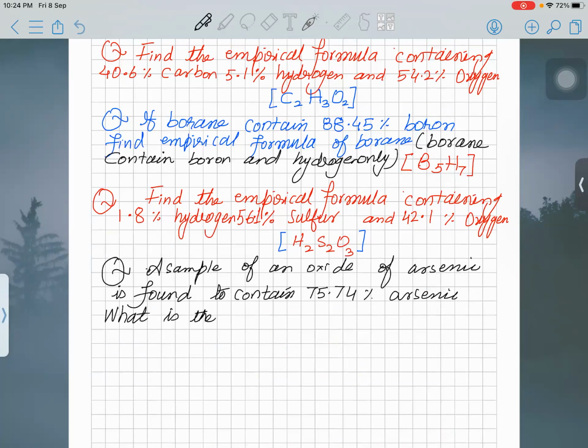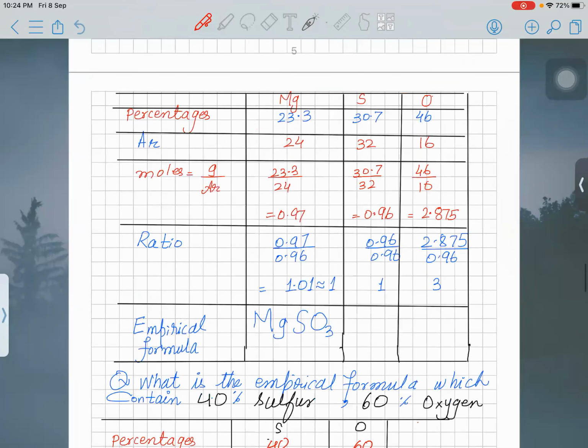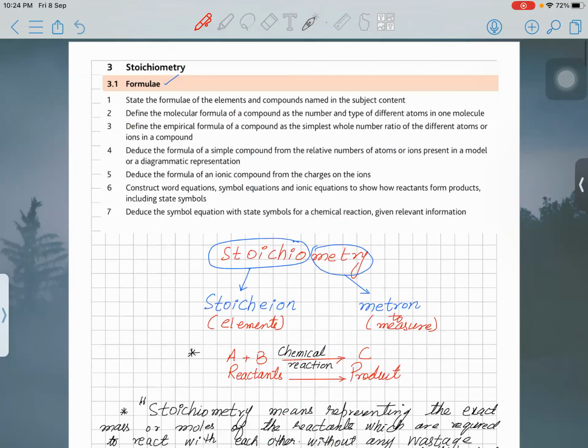What is the empirical formula? Answer is As2O3. This is your homework. Do you have any question?